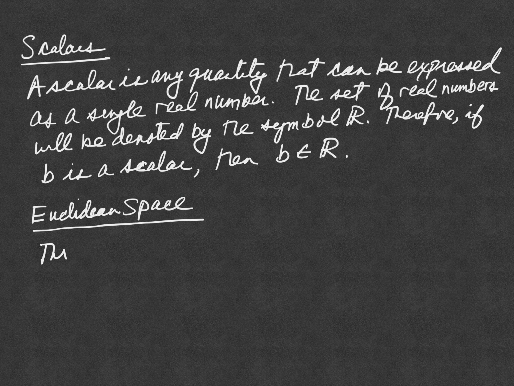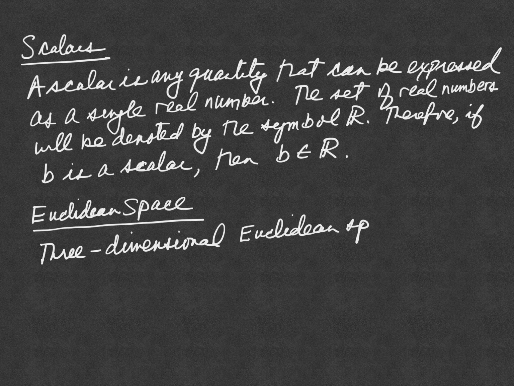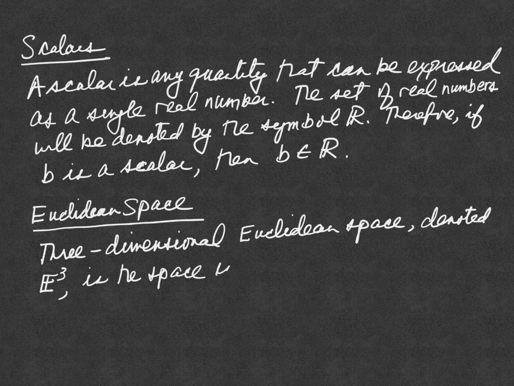So three-dimensional Euclidean space, which is denoted E3, is the space in which geometric points lie.